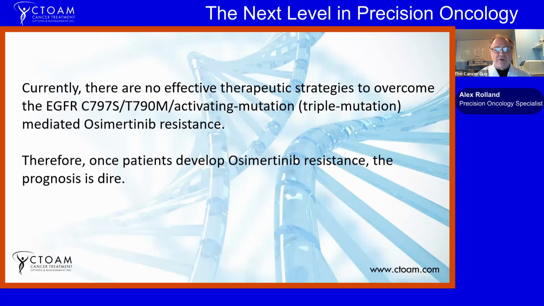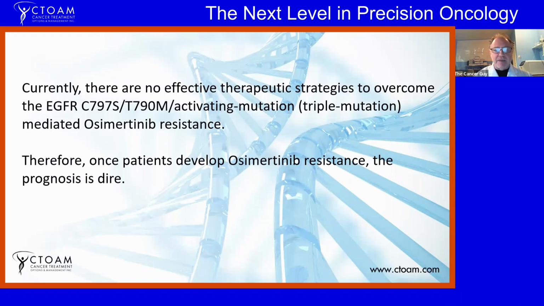And so often patients have a regular EGFR mutation that's targeted, and the T790M mutation, which osimertinib targets. So osimertinib targets the regular mutations as well as the T790M, but it does not target the C797S mutation.